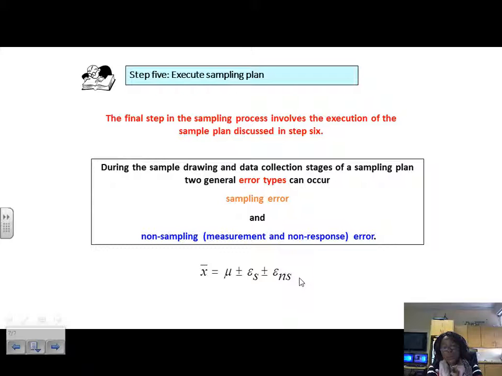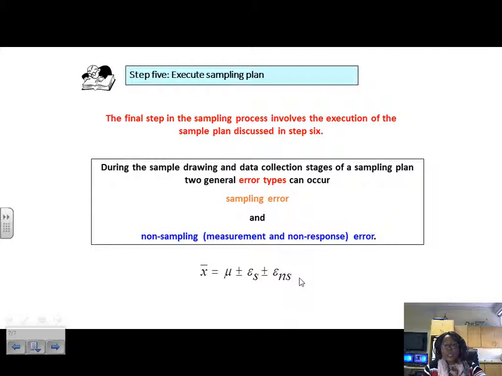On the other hand, we can refer to a non-sampling error. Non-sampling error usually refers to issues like measurement error, wherein the measurement instrument that you are using is not accurately tapping into the issues that are of essence in your study. Or you can talk about non-response error, which in most cases comes from the respondents themselves because they are unwilling to participate in your study.